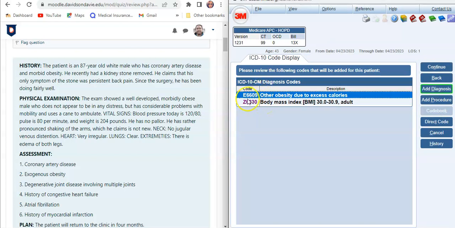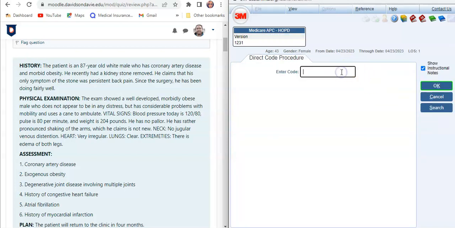Now, it gives me E66.09. It's other obesity due to excess calories. Now, the answer is actually E66.01. So if I direct code that, it's E66.01.